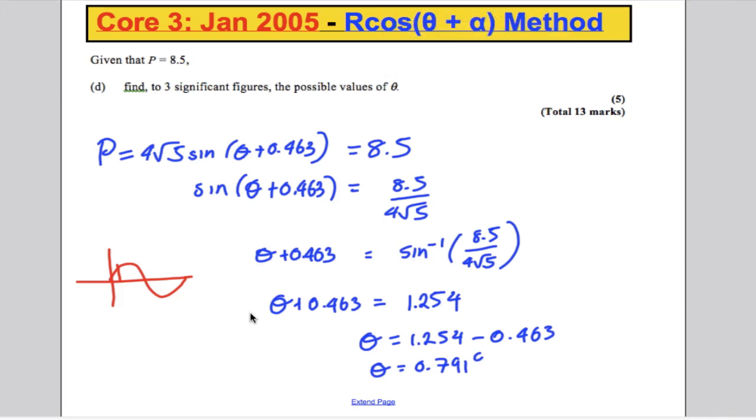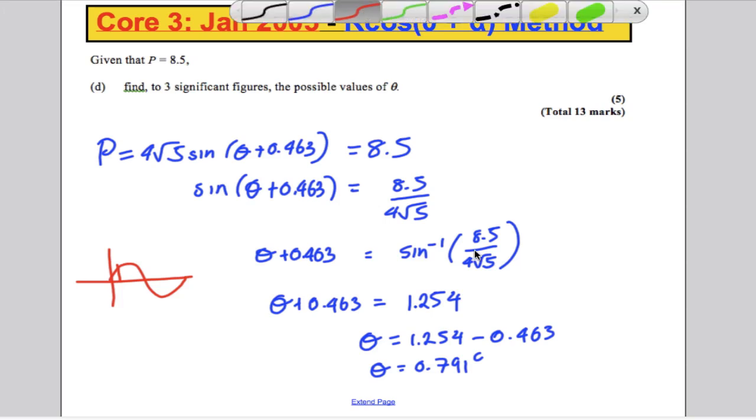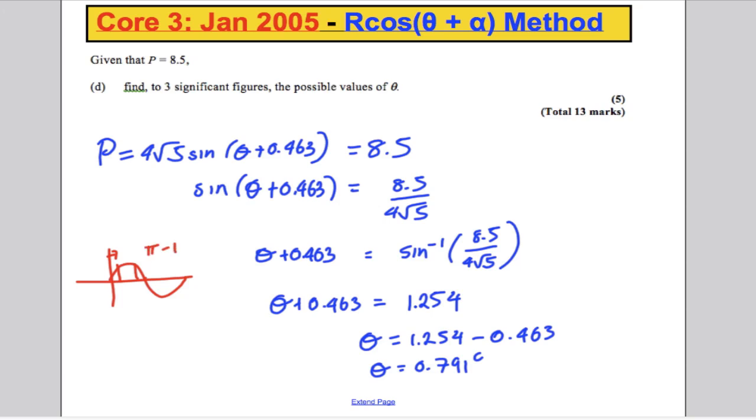Now previously at this point here, I knew that I should have probably done this. I knew that the angle is 1.254 from 0, and I know another angle will be pi subtract that. So I know another answer should have been pi subtract 1.254.